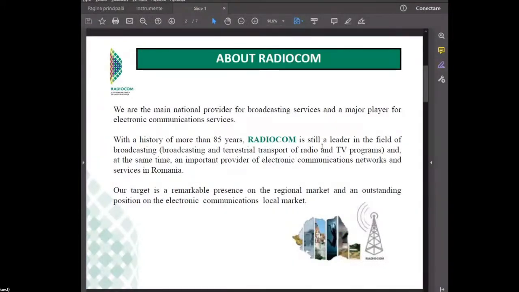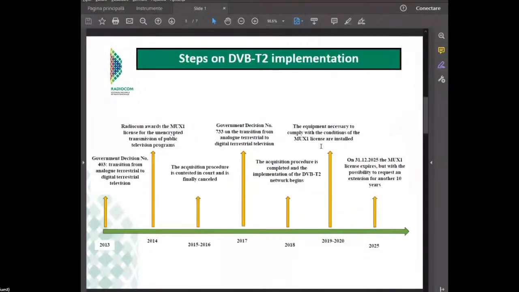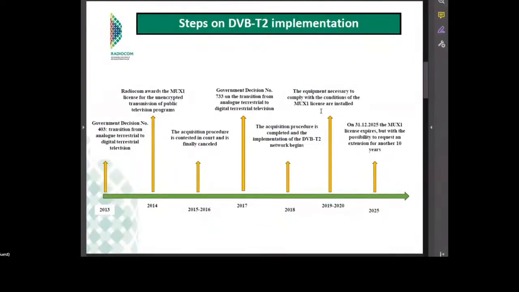Radiocom has a history of more than 85 years, and in Romania is still a leader in the field of broadcasting of radio and TV programs. In Romania, digital terrestrial television was not as successful as in other European countries, probably due to the fact that the implementation at national level started very late.